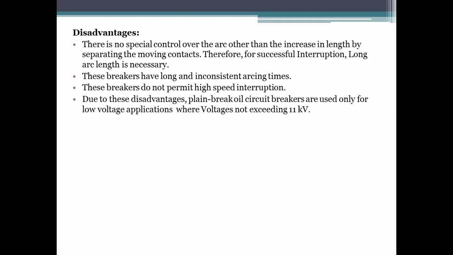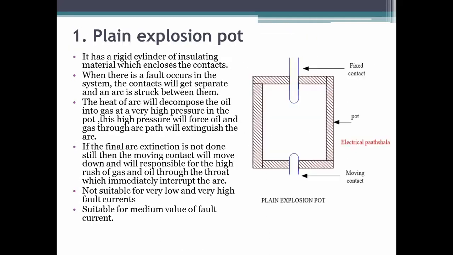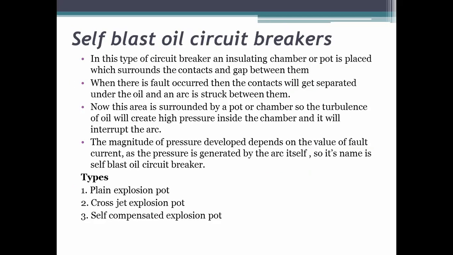But in this, there is only one pot, so there is no space for the contraction and expansion. So the pressure developed is more, and that pressure is developed by the arc itself. That's why it is called the self blast oil circuit breaker.